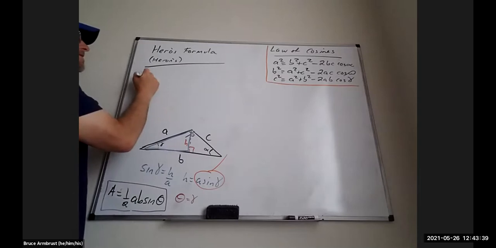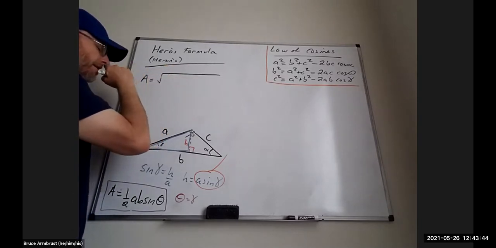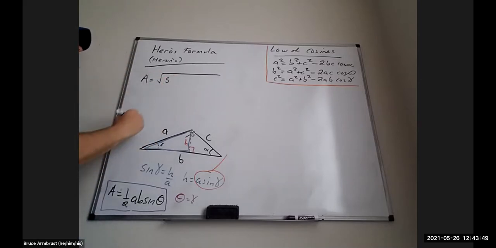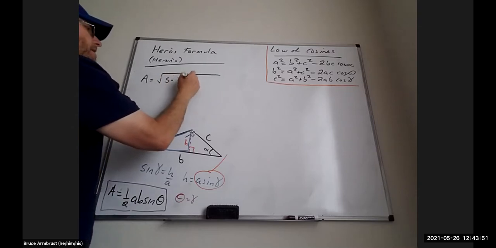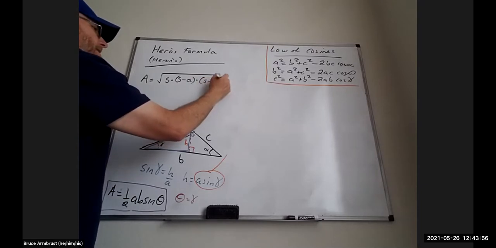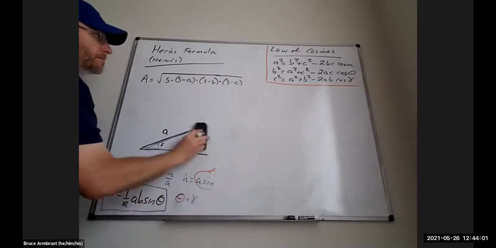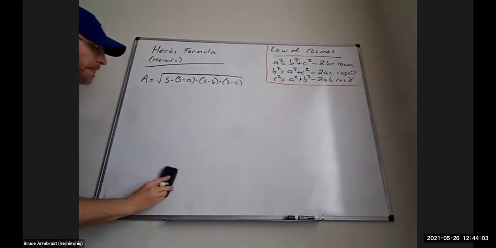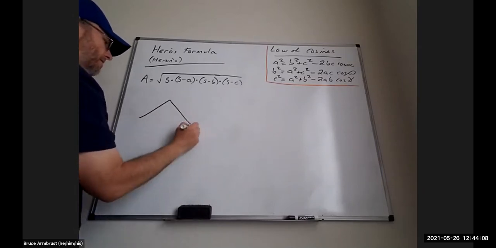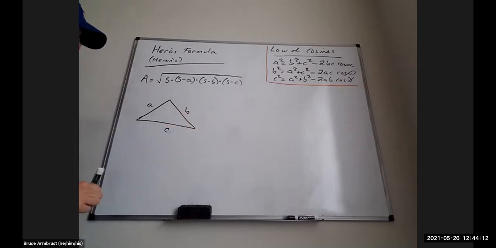I'll explain what it is in a second, but in here you have the square root of S times (S minus A) times (S minus B) times (S minus C). A, B, and C are the 3 sides of the triangle, like you're used to.